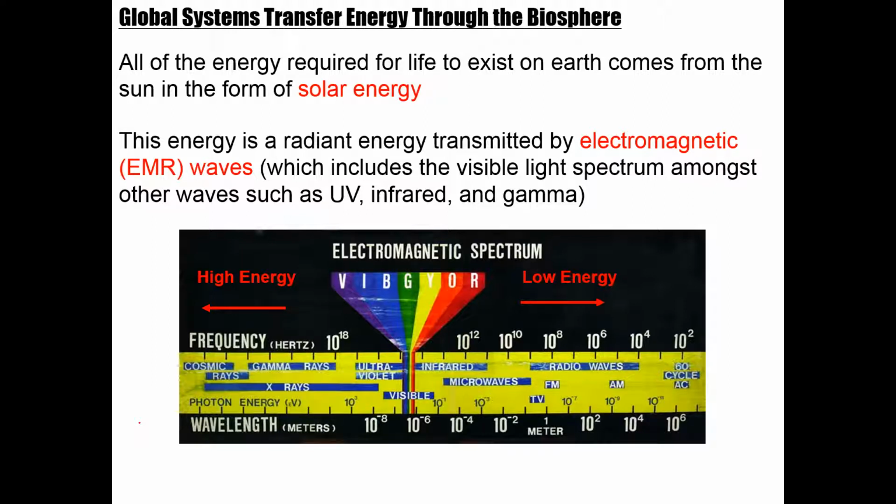And today we're only going to take a look at the start of all this, the source of all energy. And you can see here, all energy required, at least for the purpose of our study, not from the Big Bang, even though technically it is, but we're not going that far back, comes from the sun.